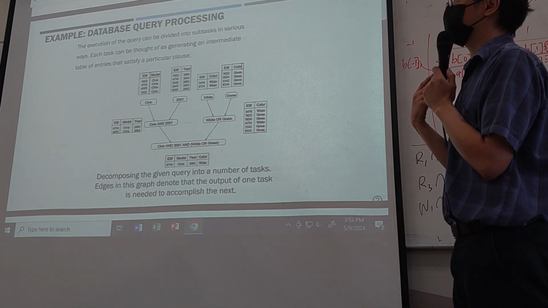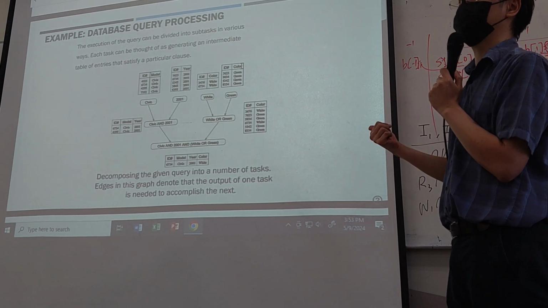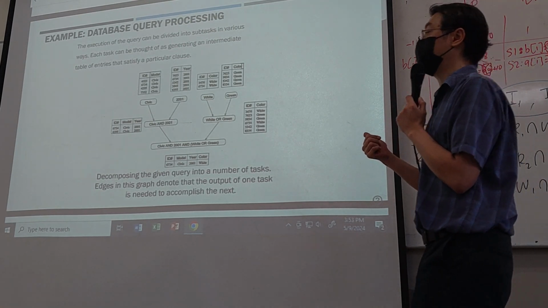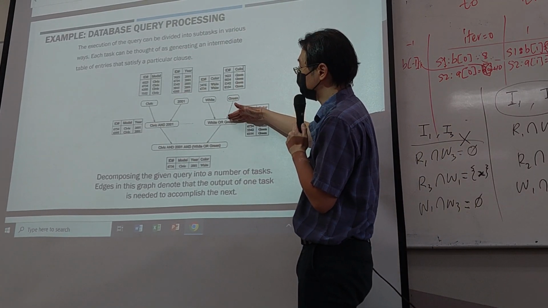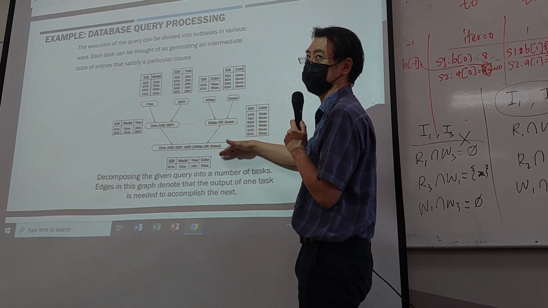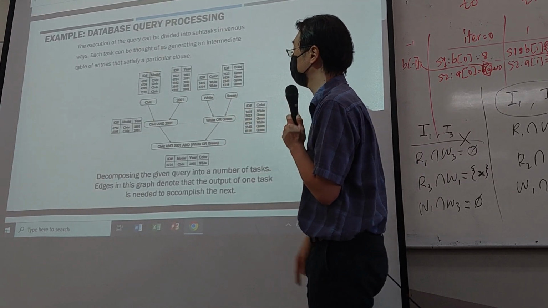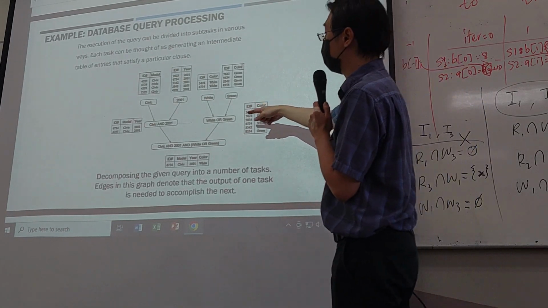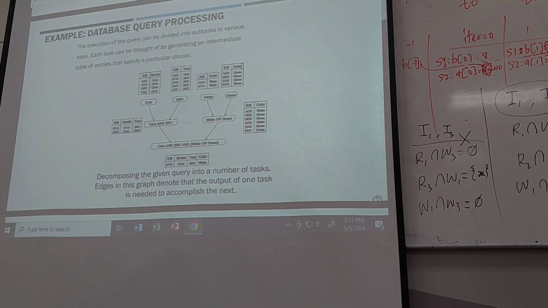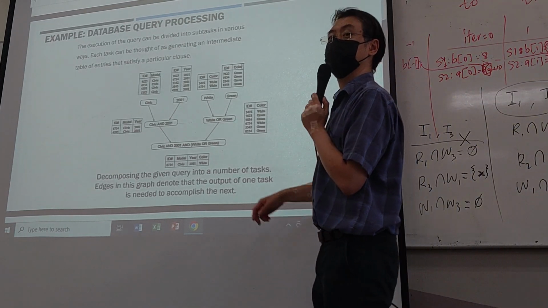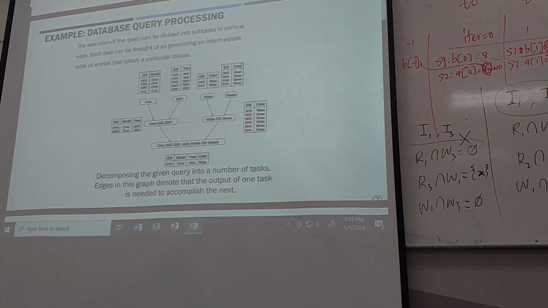How about the average degree of concurrency? The average means you have to add these up and divide by how many stages you have. So 4 plus 2 plus 1 is 7. Is it correct? 7 divided by 3. Yeah, so that is the average degree of concurrency.